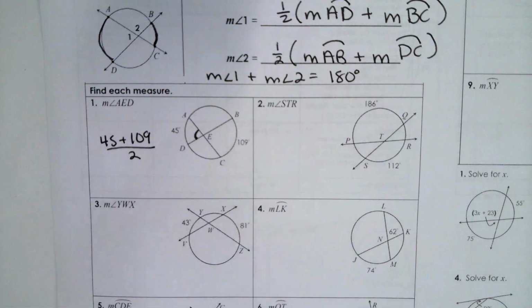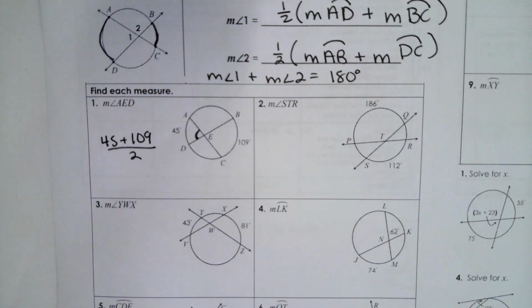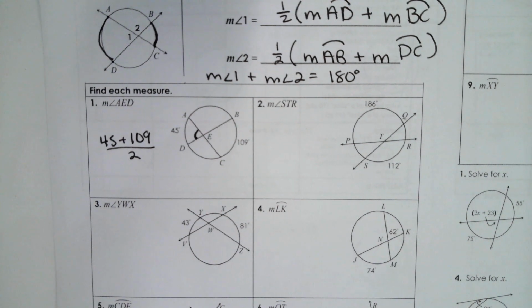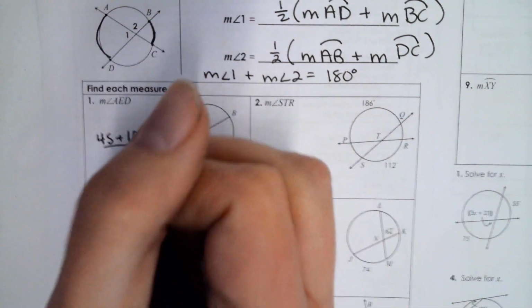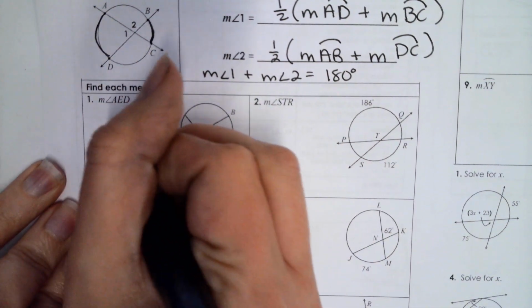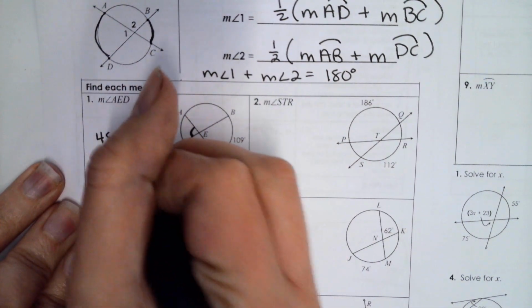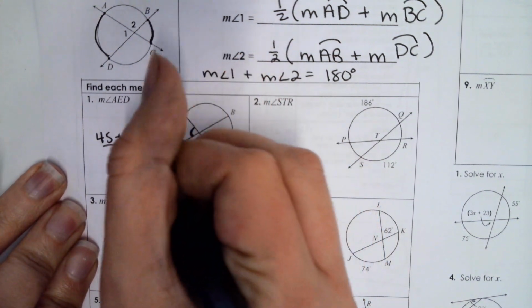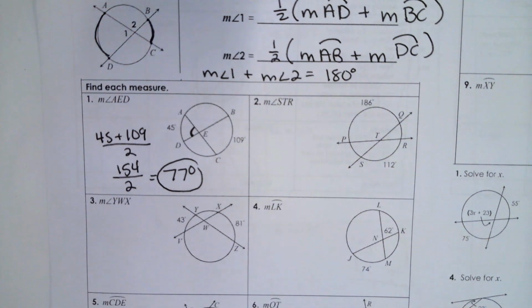Get what you get in your calculator, and then divide it by 2. When I added them, their sum is 154. Divide it by 2, and I get 77 degrees for that angle.